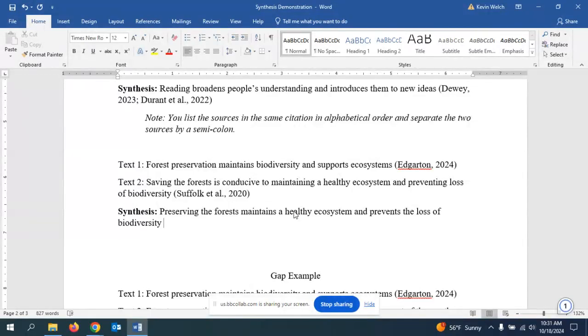And I've got not just one source, but two sources that say it, and I have to do them in alphabetical order. So I'm going to say Edgerton 2024 and use the semicolon to separate them. Suffolk et al. 2020. Boom. And I put a period at the end of my citation. Okay.